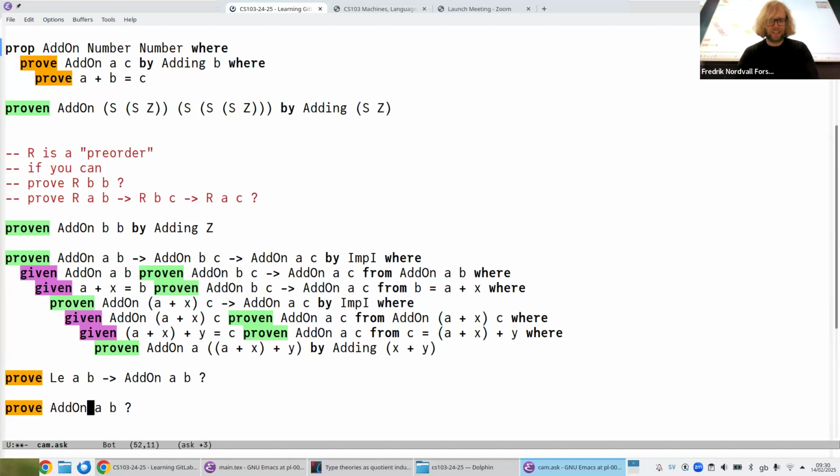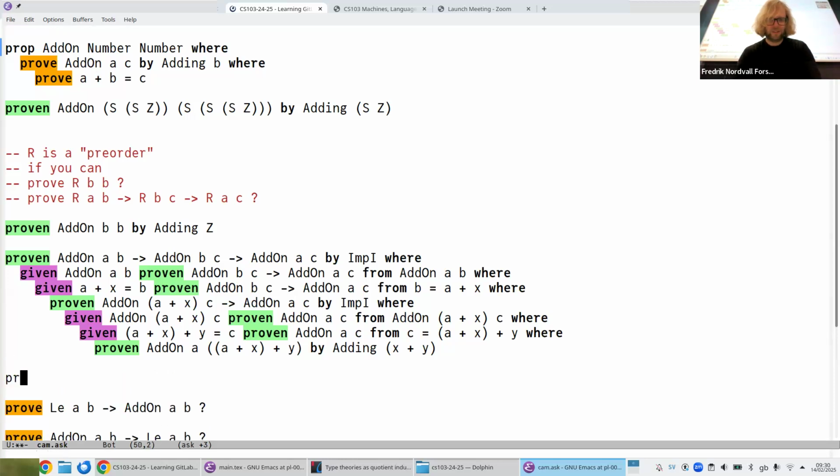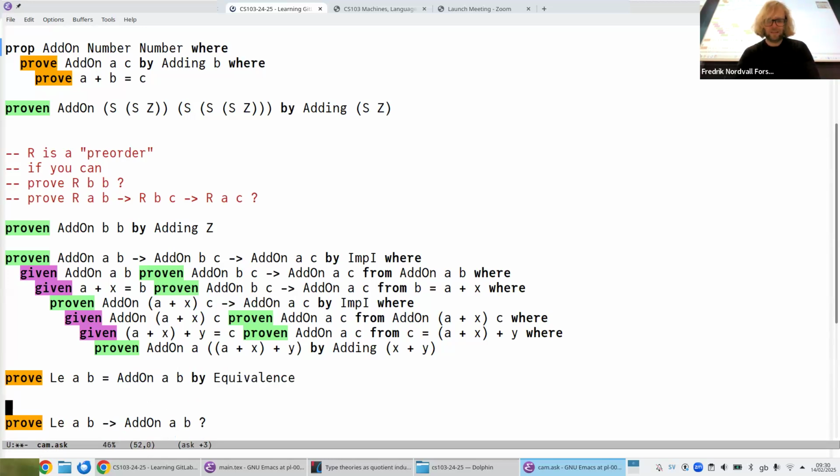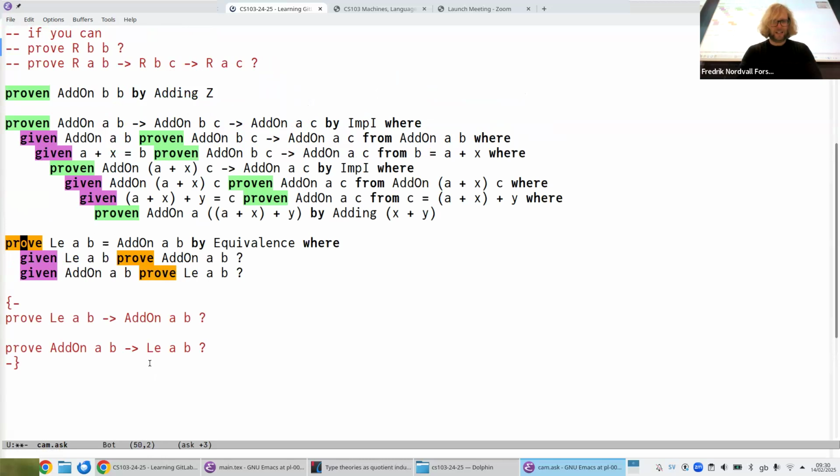And as Connor is saying, I could just prove that they are equal as propositions by equivalence. And then I have to prove both directions, right? So I guess I could just do it like this.